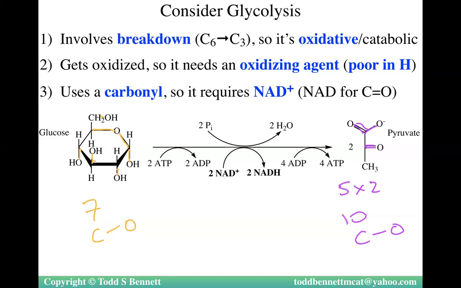It is increased by 3 CO bonds, so it's gained oxygen. It is oxidation. Because it is getting oxidized, we couple it with a reduction. So NAD plus going to NADH is a reductive process. So far, so good. Pi, inorganic phosphate, is what's going to bind ADP to convert it to ATP. Okay, hopefully that seems fine.